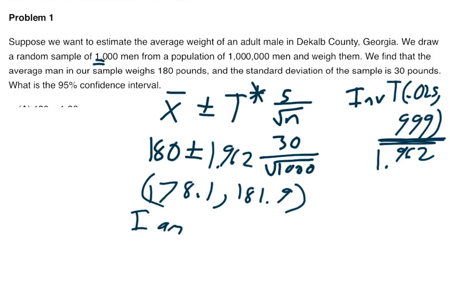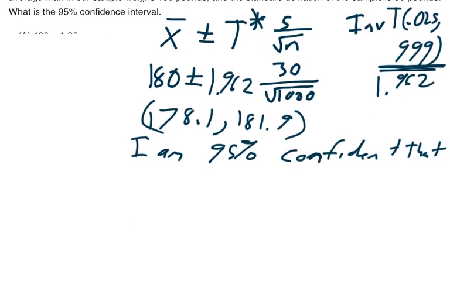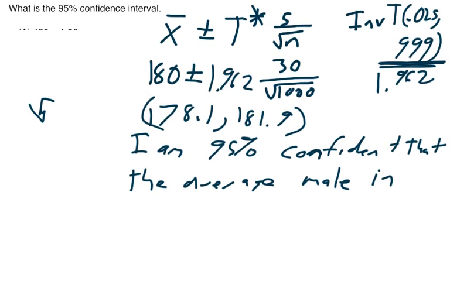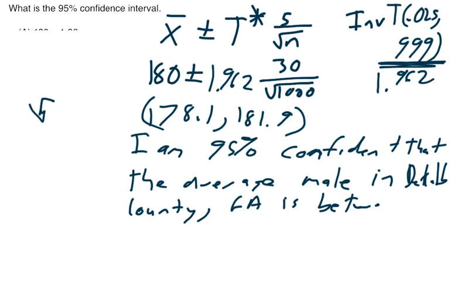And then the fourth, I am 95% confident that the average male in DeKalb County, Georgia, is between 178.1 and 181.9 pounds.